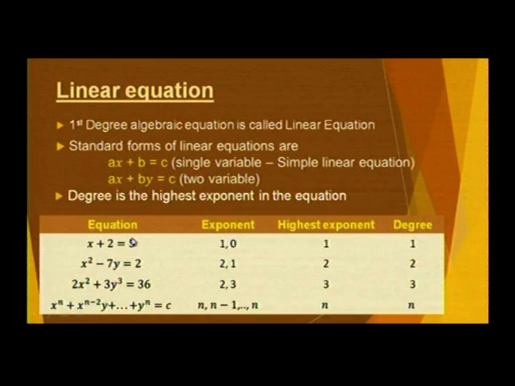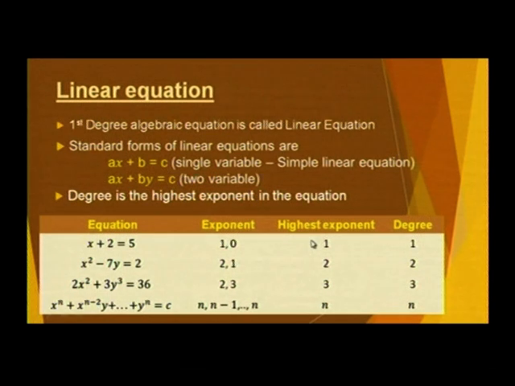Here it is the equation x + 2 = 5. Here x has exponent 1, as there is no written exponent on x, so we consider it as 1. And the other term is 2, which is not a variable, so it does not have an exponent, so it is considered as 0.